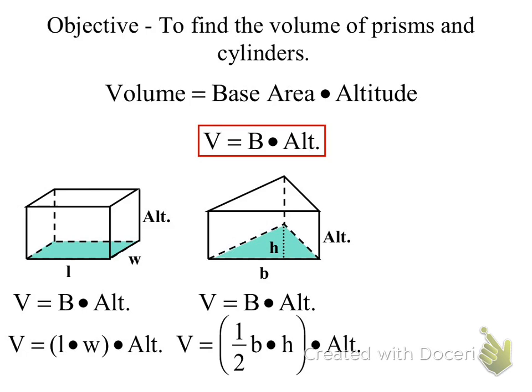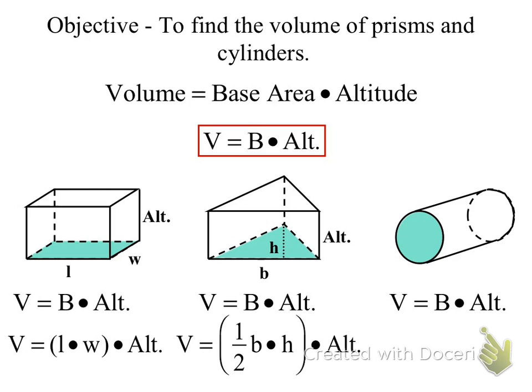Now, all right, next shape. What is the base of this object? We're going to start with our general formula. Volume equals base area times altitude. Alexander, what is the base of this? Circle. It's a circle. And so what is the circle formula for the base?